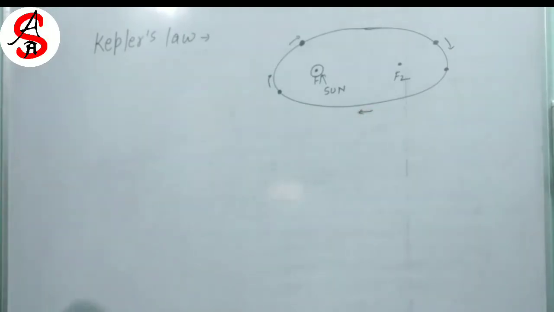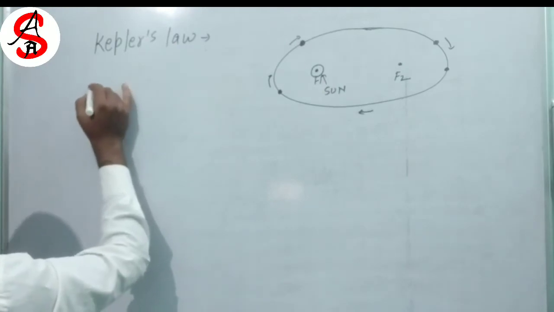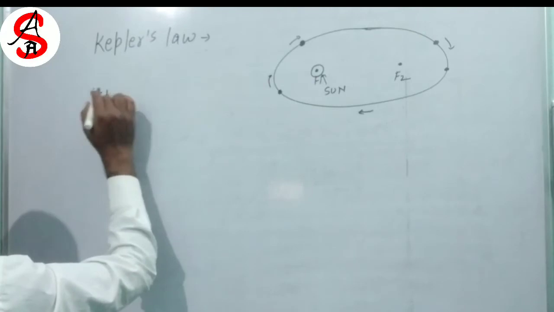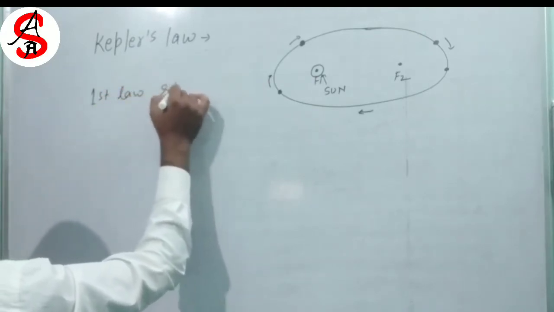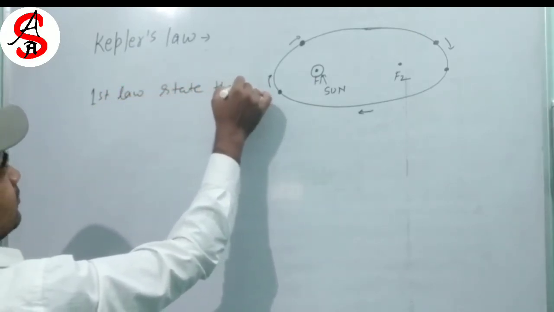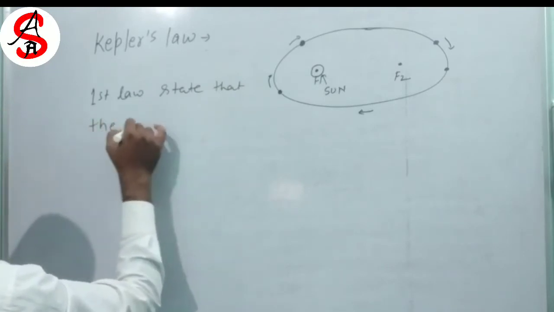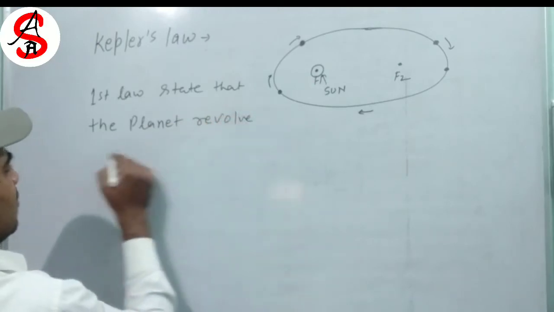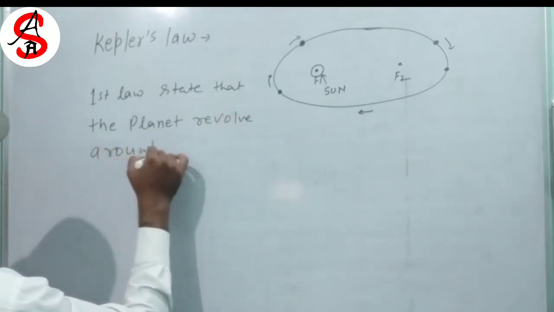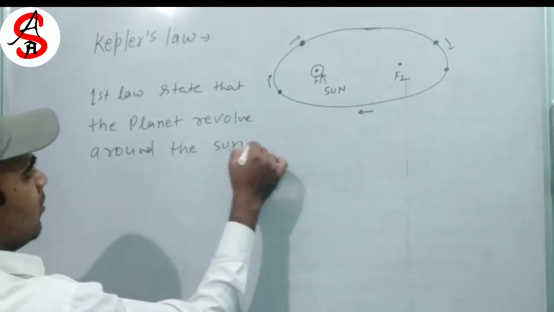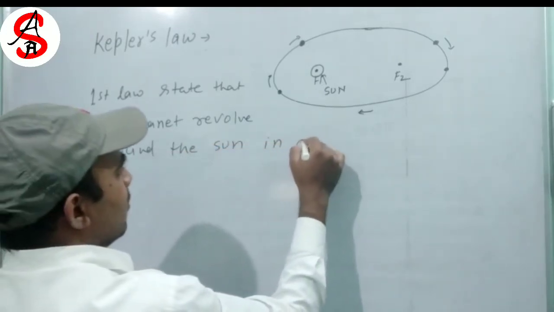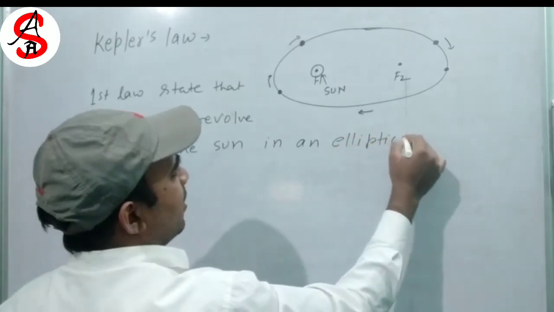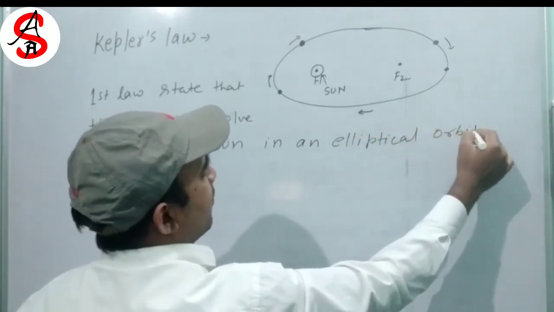So Kepler's first law states that the planet revolves around the Sun in an elliptical orbit.